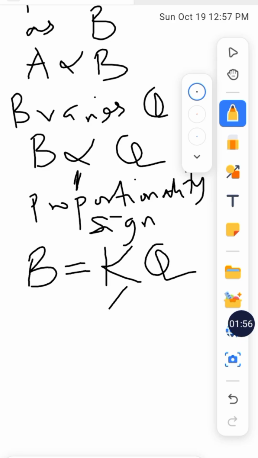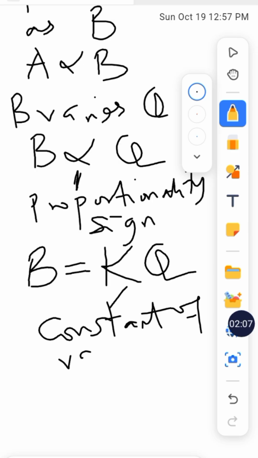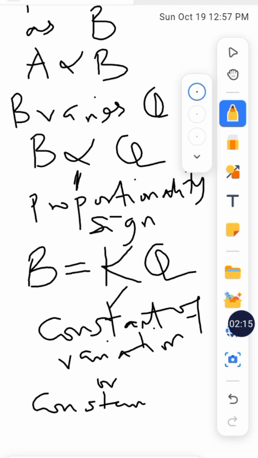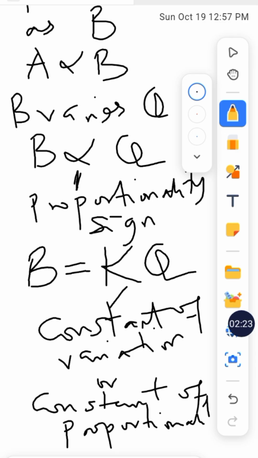This K is also called constant of variation or constant of proportionality.